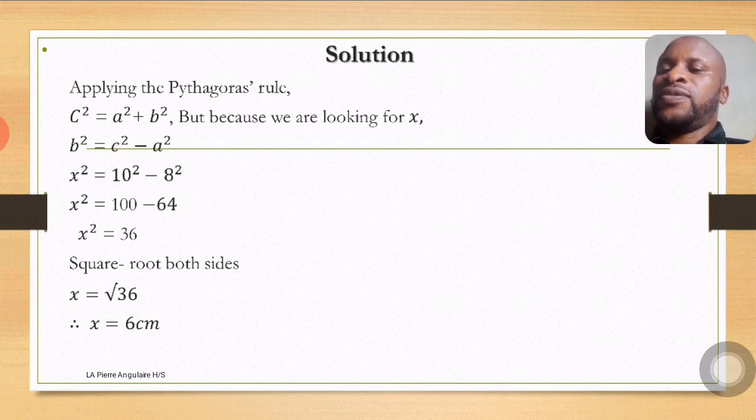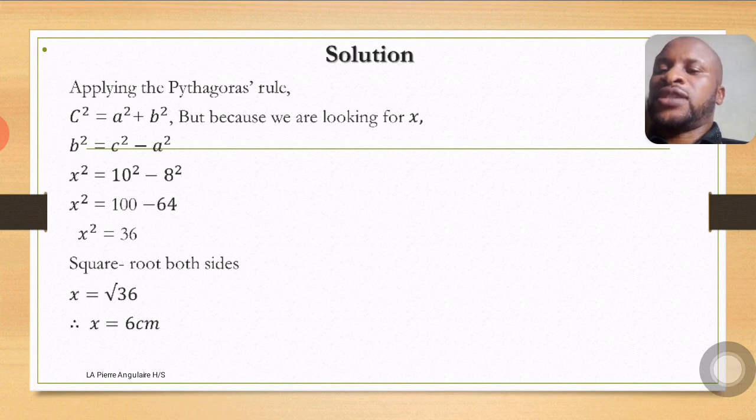In the next step, x squared equals 100 minus 64. I take that again. x squared equals 100 minus 64. Now, if you subtract 64 from 100, you will have 36.